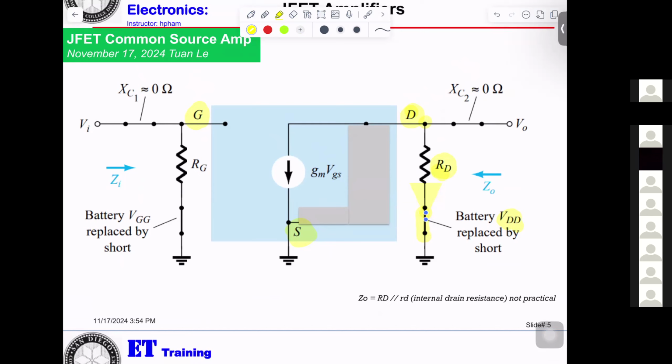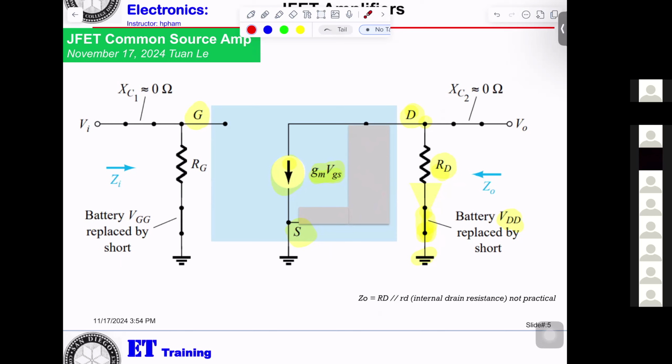Now that will be shorted, so they connect to the root. And from the drain to the source, you get the current source, and the value will be Gm times VGS. The internal resistance is supposed to be in here, but we're not using it, we don't care about that.